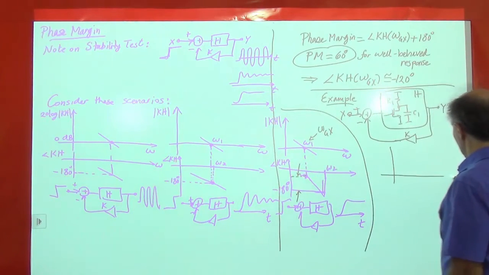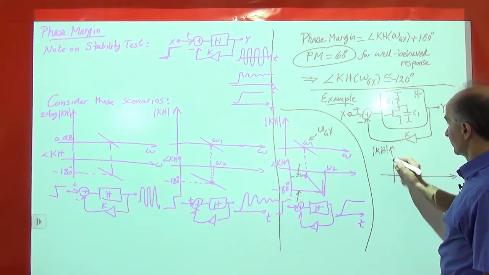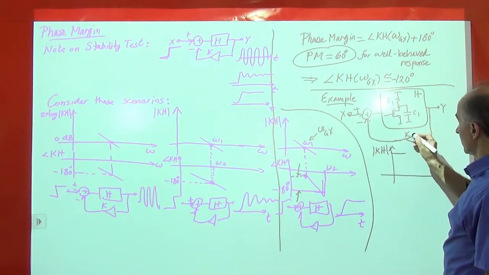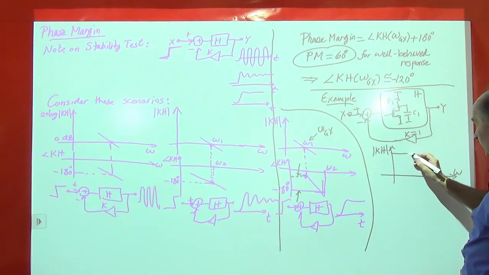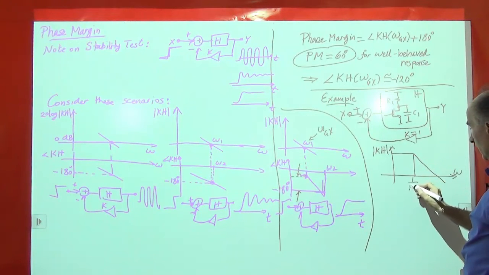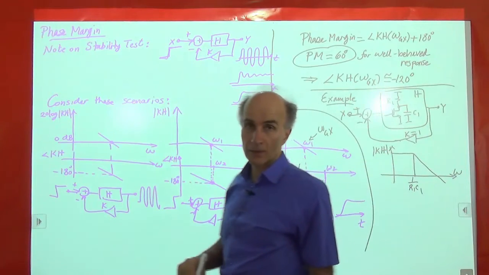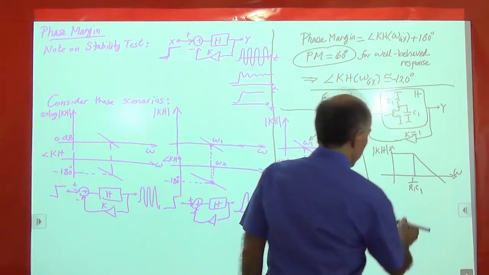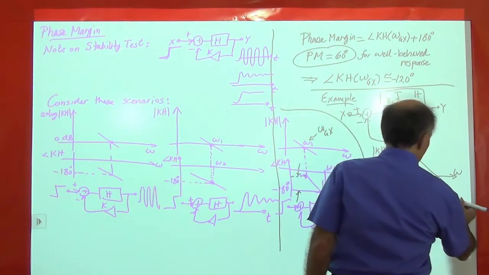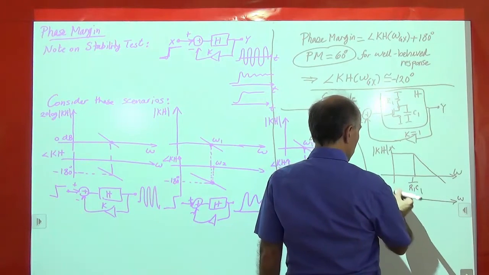Here we construct those plots. So magnitude of kh, and so again, let's say k is 1 for simplicity. As a function of frequency, we have something like this, right? And this is 1 over R1C1. A single pole response, so the pole is at 1 over R1C1. And then the phase, according to Bode, starts at 0.